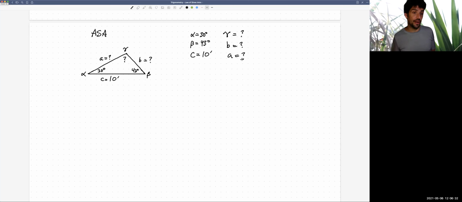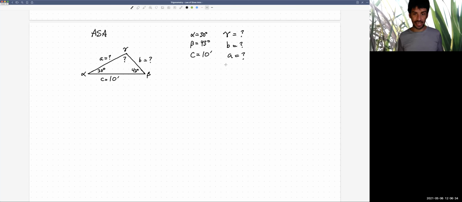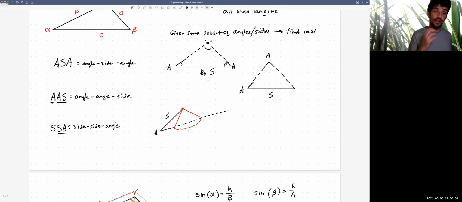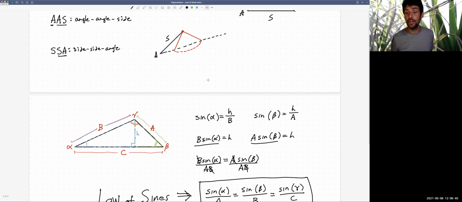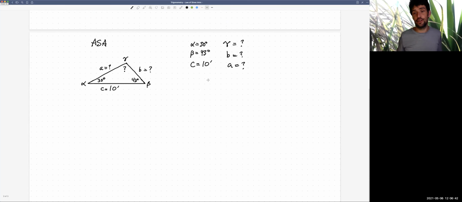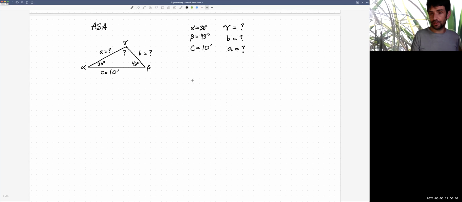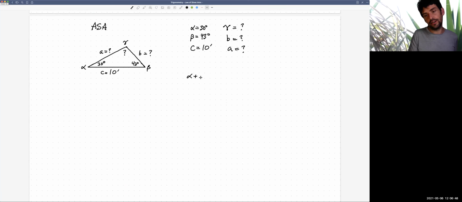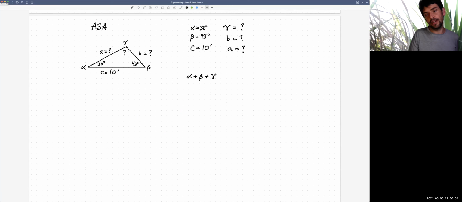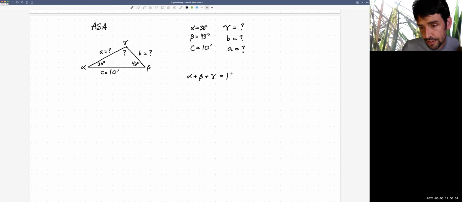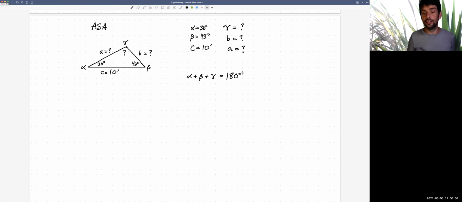The easiest part about this, and this is the case for both these first two situations, is they both have two angles in them. So we basically know the third angle. This is a very simple computation. We know that the three angles, alpha plus beta plus gamma, are equal to pi, or since this problem is given in degrees, let's say 180 degrees.